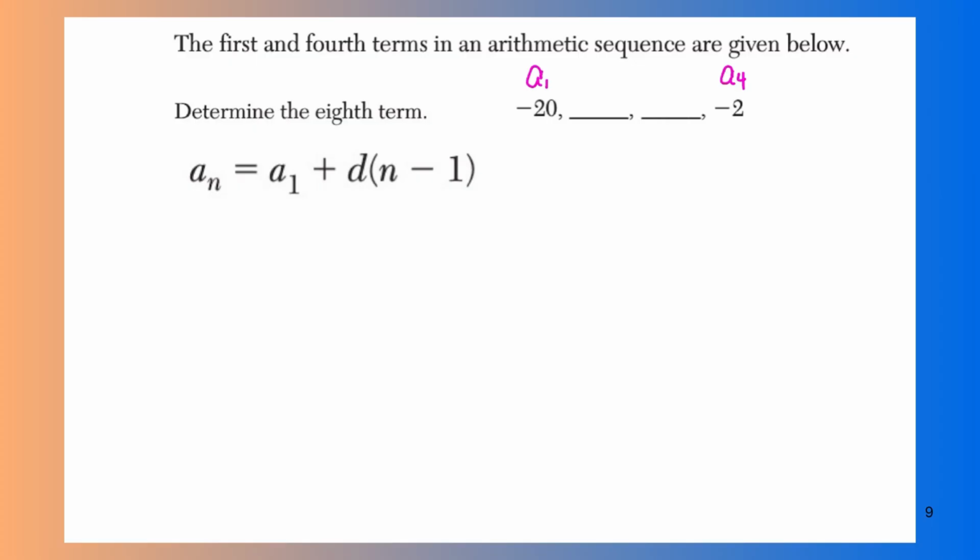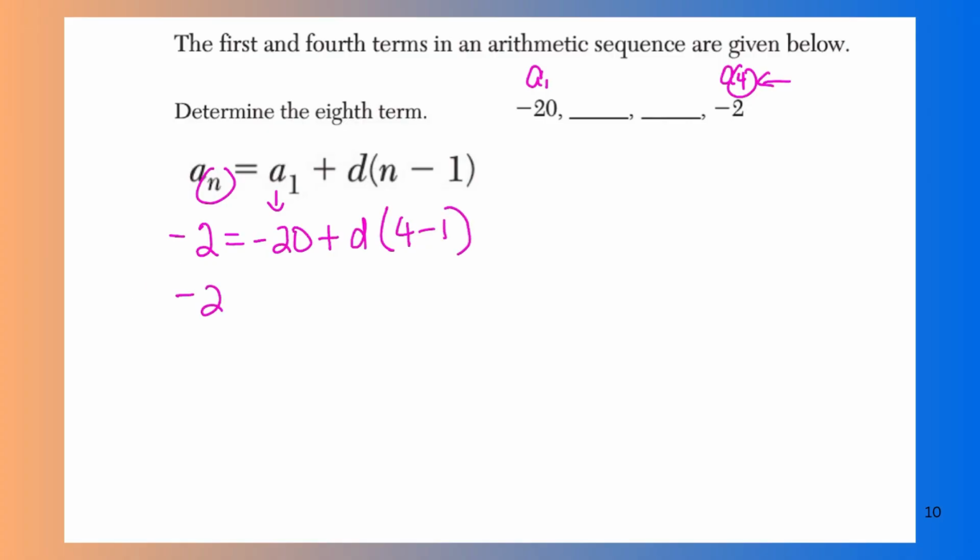So my 4th value is -2 in this sequence. So I'm going to make that -2. My a sub 1, or my first term, is -20. Plus the common difference I don't know, so I'm going to leave it as D. And my n is the 4 because we put in the 4th term of the sequence. So it's going to be 4 minus 1.